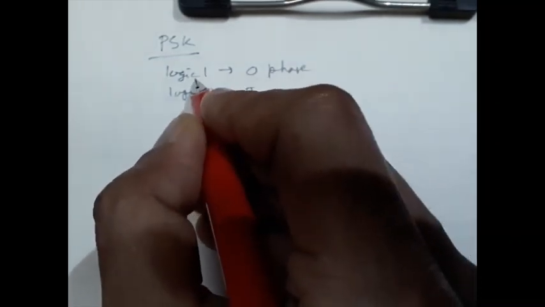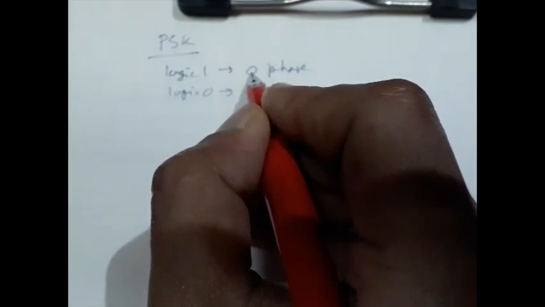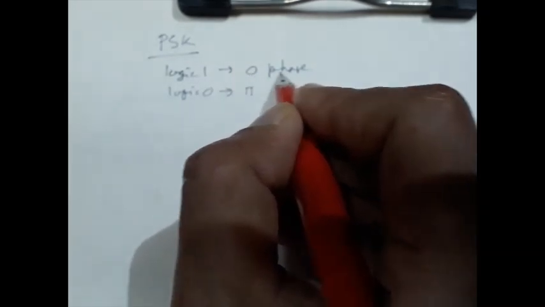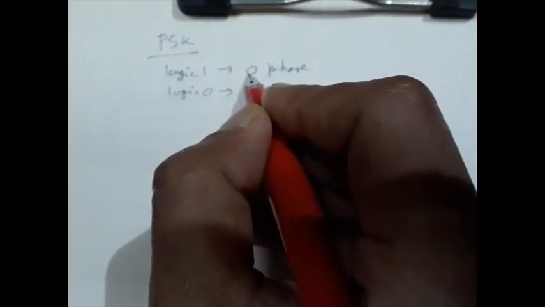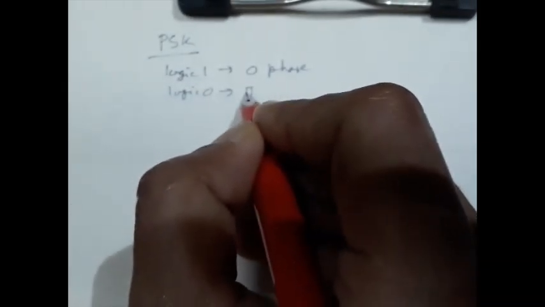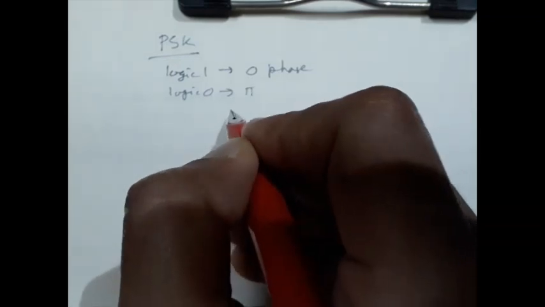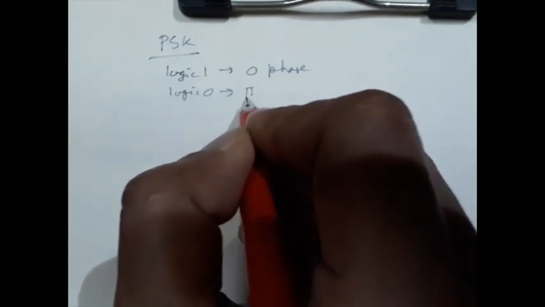So whenever we have a logic 1 symbol, the sinusoidal carrier will immediately come to the 0 phase condition, and whenever we receive logic 0, the sinusoidal carrier immediately goes to the pi phase, that is 180 degrees out of phase.